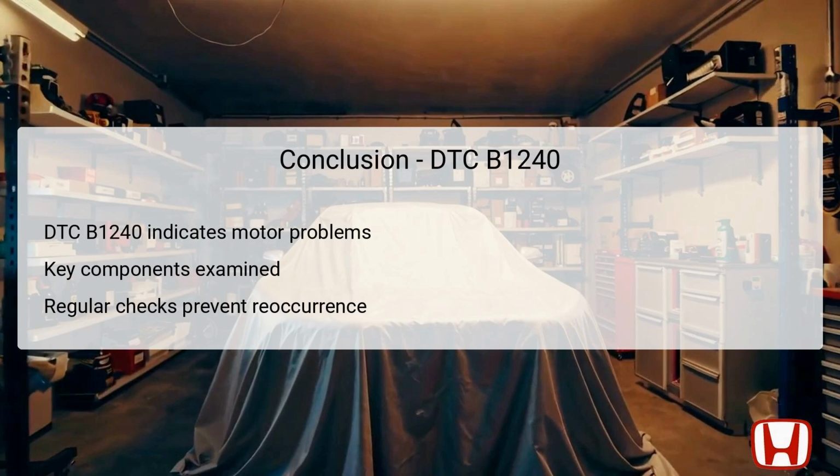By examining key components such as the mode control motor, wiring, and the climate control unit, successful repairs can be achieved. Furthermore, engaging in preventative measures can significantly reduce the likelihood of future errors. By staying proactive regarding maintenance and checks, drivers can ensure a comfortable driving experience while effectively managing climate conditions within the vehicle.